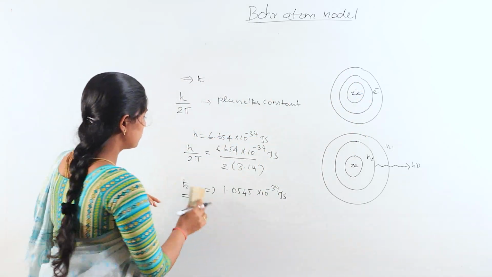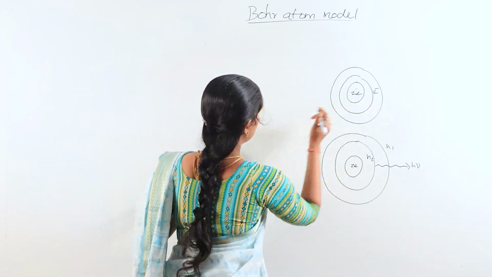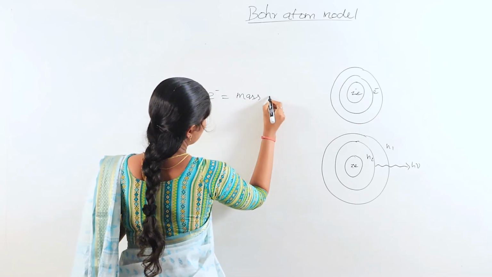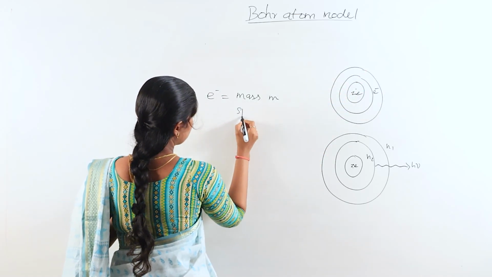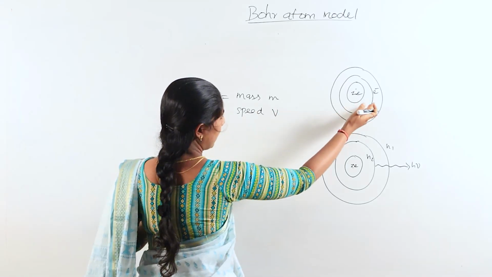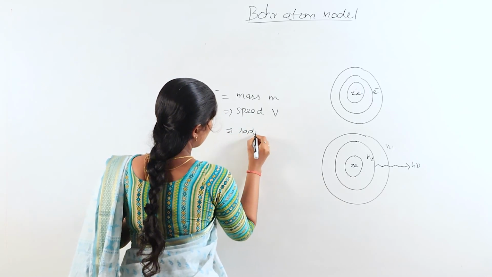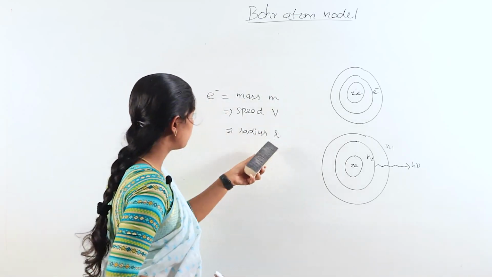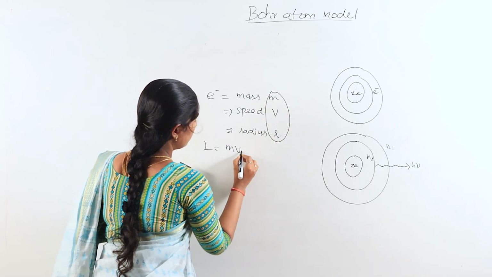Secondly, the electron has a mass m and it is moving with some speed, represented as v, and it has some radius r, for which the angular momentum is mvr.